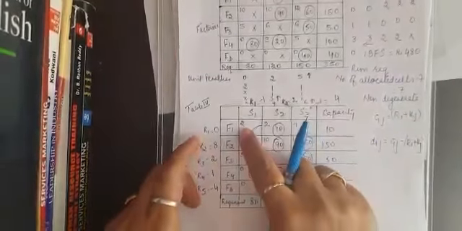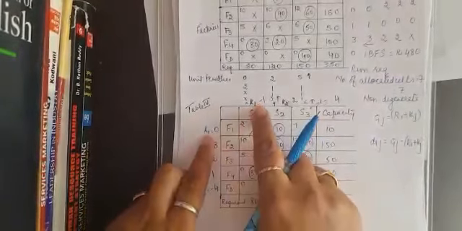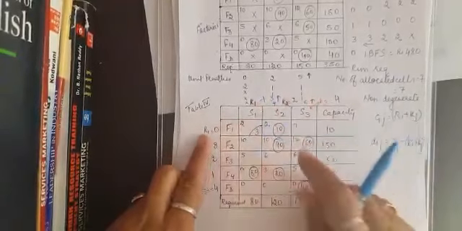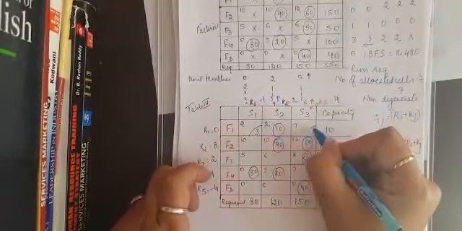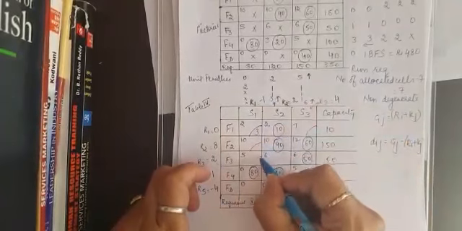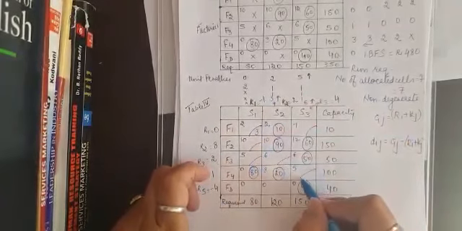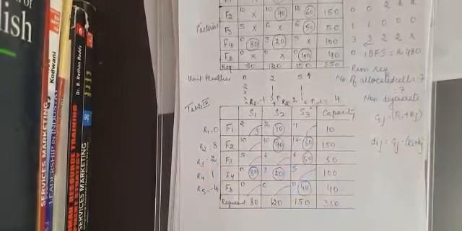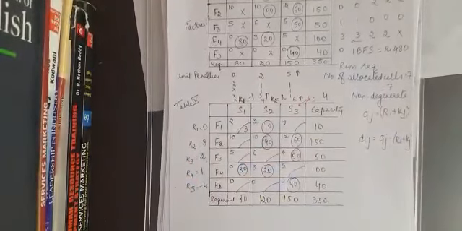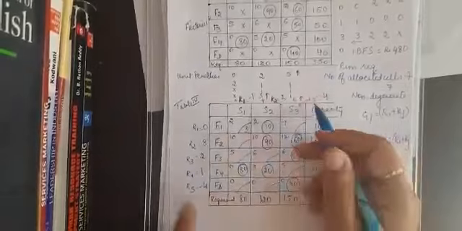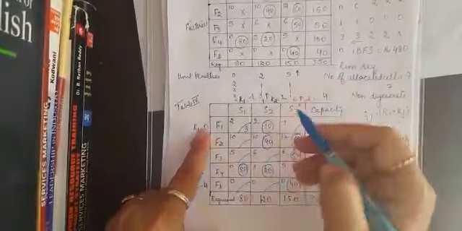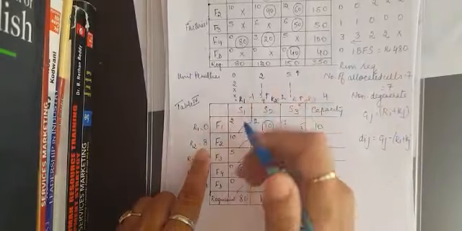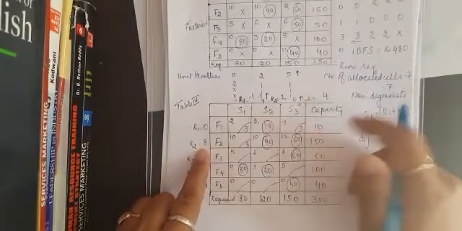Now 2 minus 0 minus 1, 3 for all unoccupied cells. The next formula would be the same. Dij is equal to Cij minus Ri plus Kj. 7 minus 4 plus 0, it is going to be 3. 10 minus minus 1 plus 8, 3.